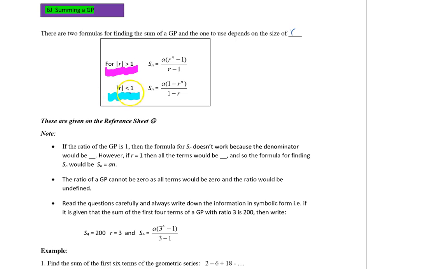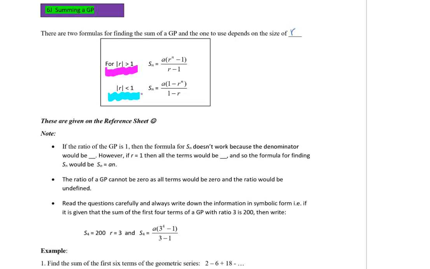In the other case, when r is a fraction, the sum, top line changes for the sum to n terms, a times, this time, 1 minus r to the n. Because remember, r is a fraction, so we want to keep this positive, and 1 minus r, a fraction, will be a positive number as well.